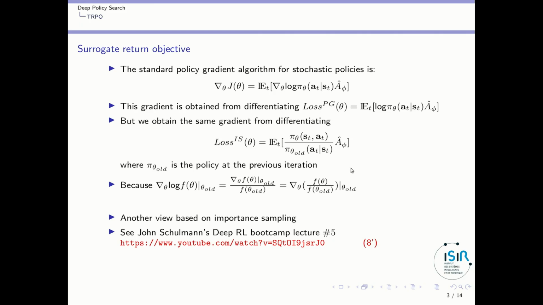John Schulman also explains in this video that you can come up to the TRPO surrogate objective just using importance sampling, which is a different view about exactly the same ideas, but this way to present it is simpler, let's say. So if you want to know more, you should have a look at John Schulman's DeepRL Bootcamp lecture, which is pointed here at 8 minutes.